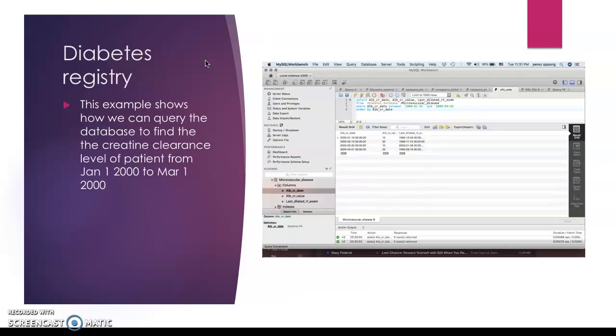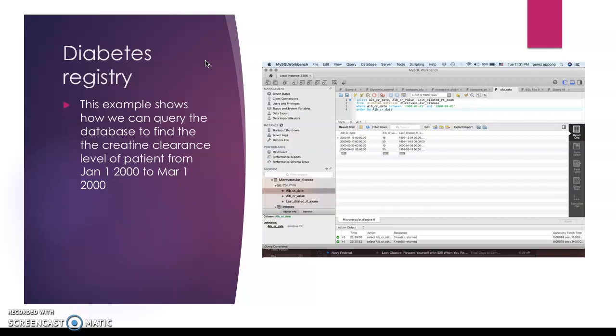All right, so after I created my database, I did a few quick examples to determine how easily and how fast we can access all this information with just a simple query. So this is an example that shows how we can query the database to find the creatine clearance level of patients from January 1st, 2000 to March 1st, 2000.